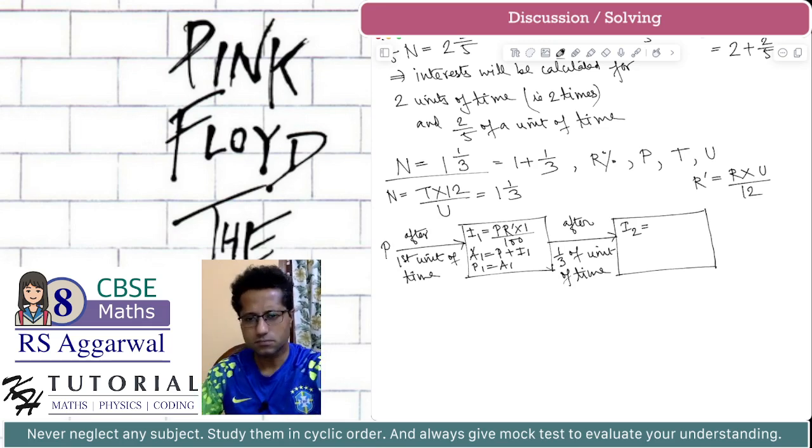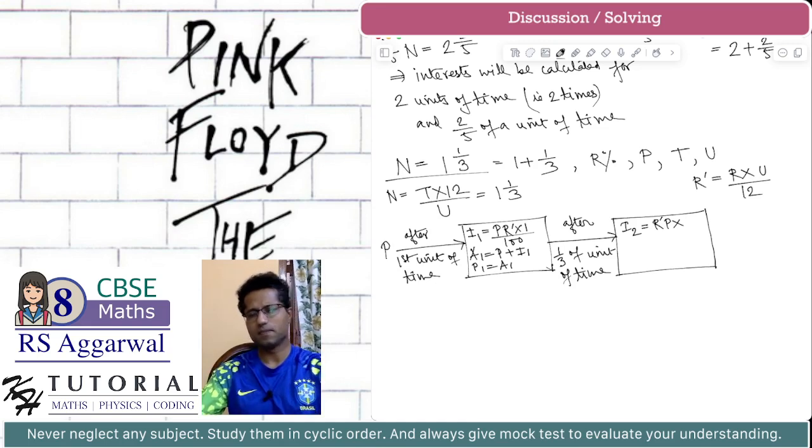So now the calculation of I2 will be R dash P, but not 1, because we were multiplying 1 when we were calculating the interest after 1 complete unit of time, but this time we are calculating the interest after 1/3 of a unit of time. So there will be 1 by 3 and 100, and the rest will be the same.